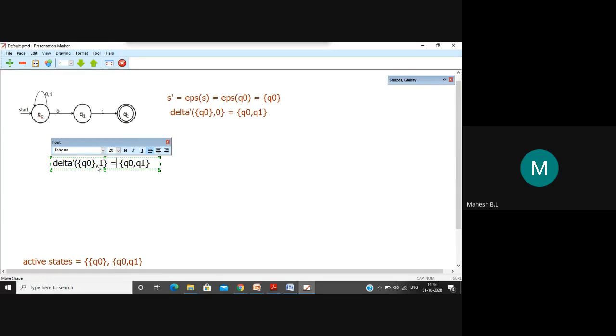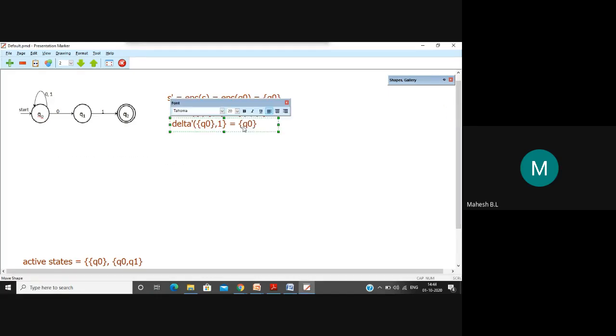For Q naught comma 1, there is only one transition, that is to Q naught itself. So you need to compute epsilon of Q naught, which is nothing but Q naught. Now Q naught need not be added to active states because active states already contains Q naught. That's why just add it to delta dash.